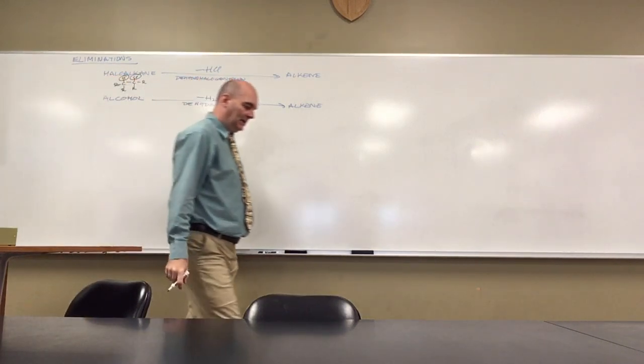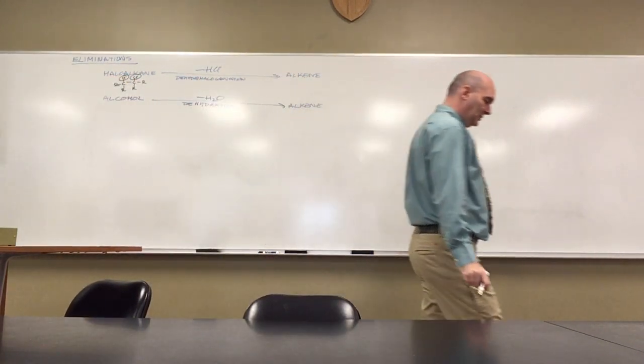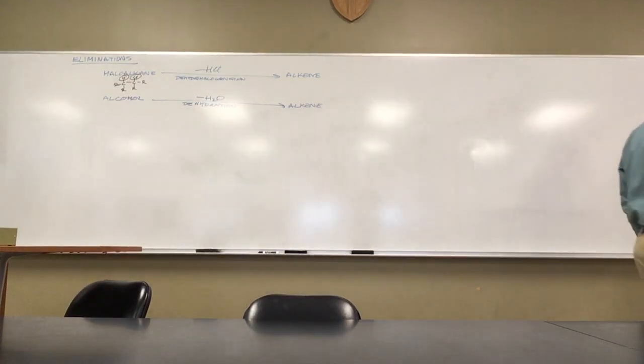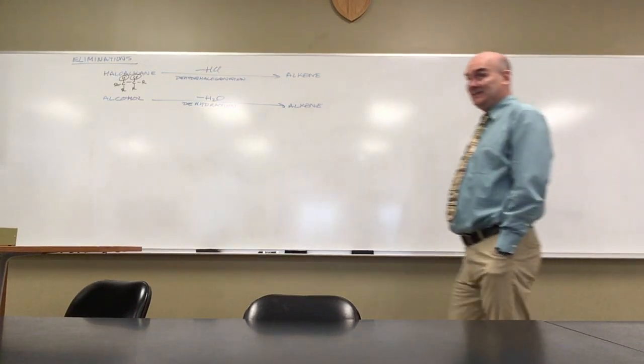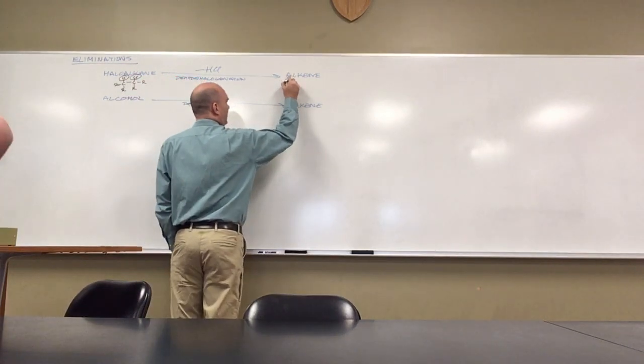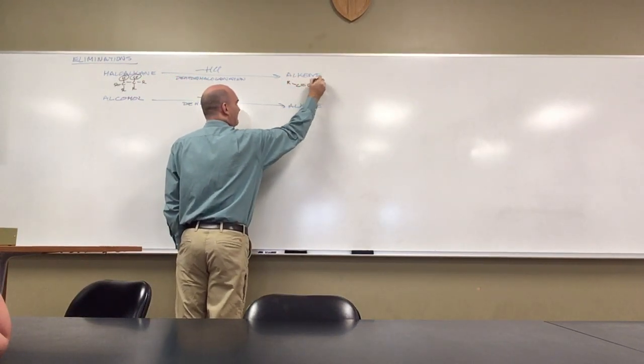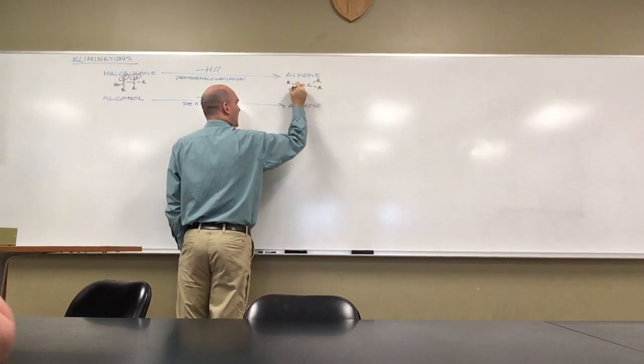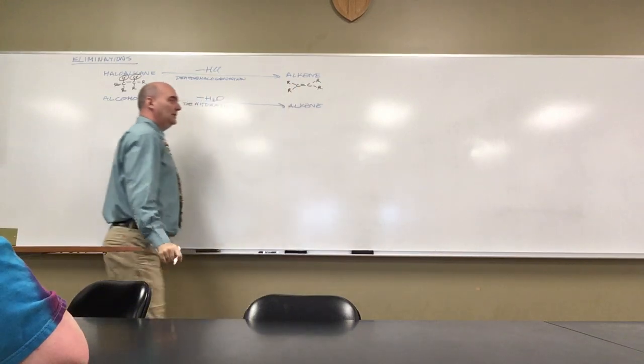We typically need the H and the Cl in a dehydrohalogenation to be vicinal to each other, and therefore make an alkene.